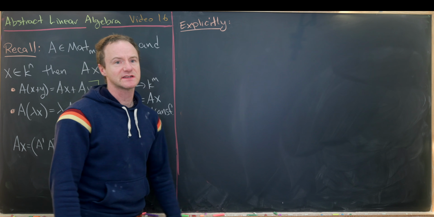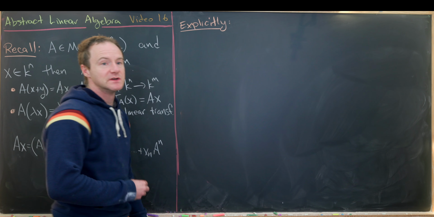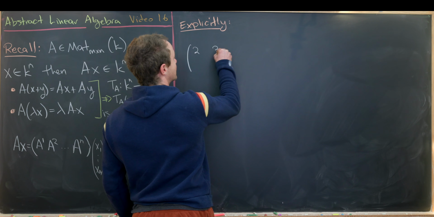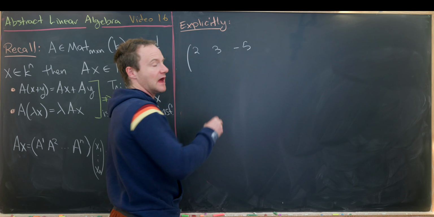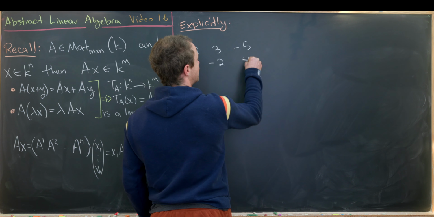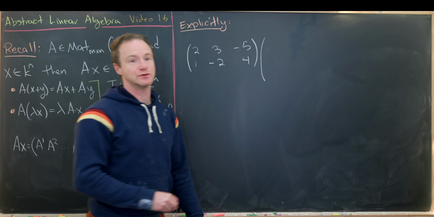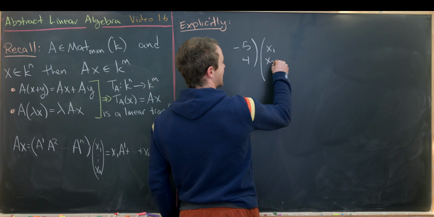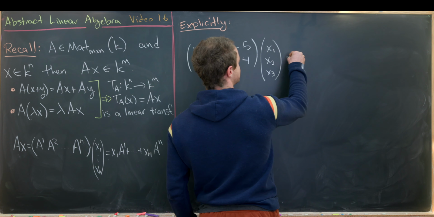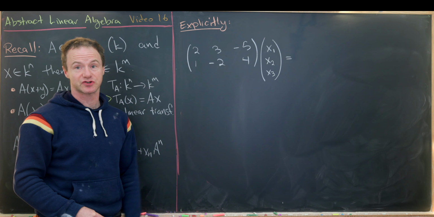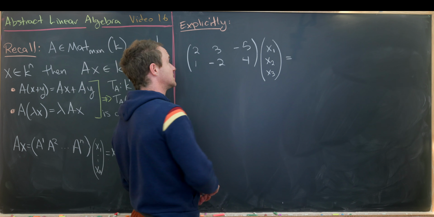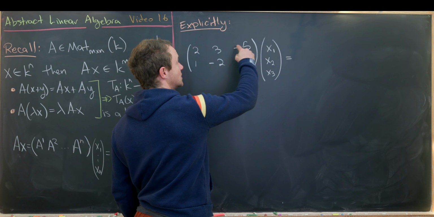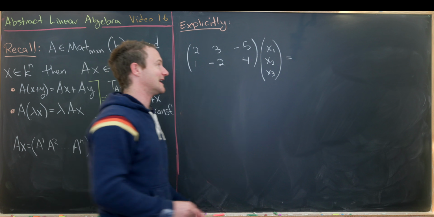Let's do this a little more explicitly. Say we had the matrix with rows 2, 3, minus 5, and 1, minus 2, 4, and we multiply that into a three-dimensional vector x1, x2, x3. Using our standard strategy, I take the first row, swivel it to hit the entries of the vector, the overlaps get multiplied, and then added.